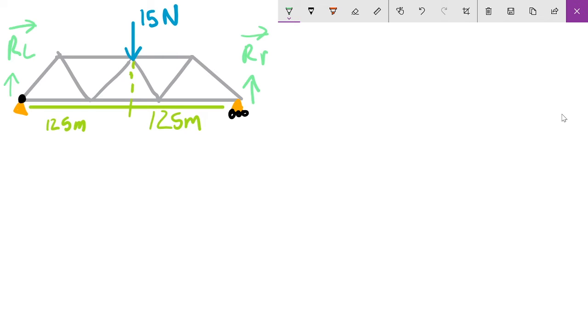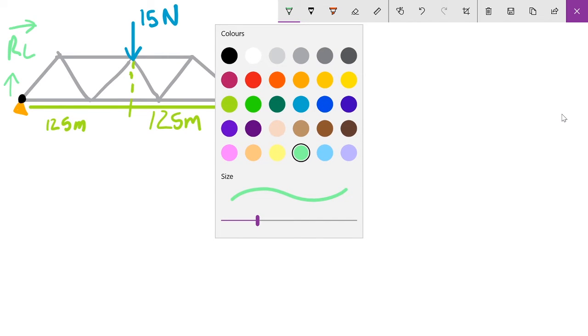We want to find those forces, and firstly, it is going to be 15 divided by 2, which is 7.5. But I'm going to show you why that's the case mathematically, using torque.